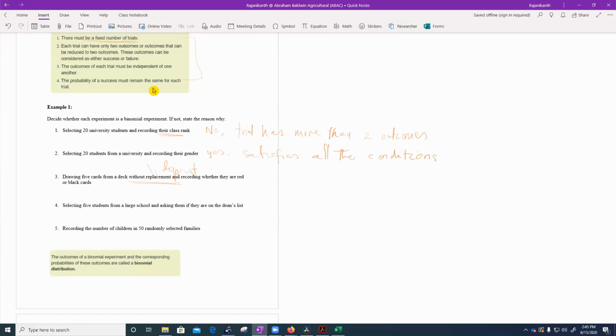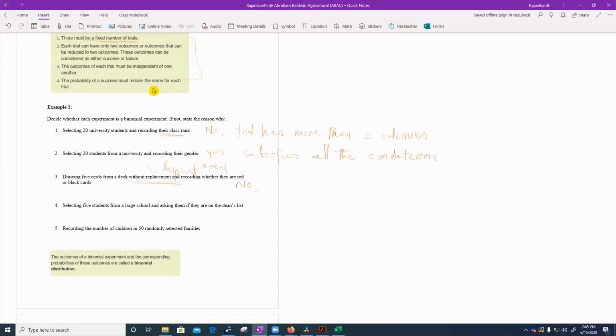Therefore, the outcomes and the probability of success are going to change. So the third property is not satisfied. It says the trials should be independent, but this is dependent. So this is not binomial.